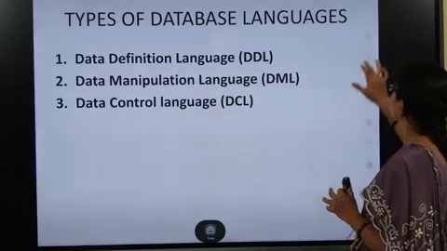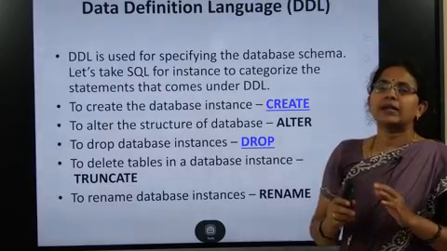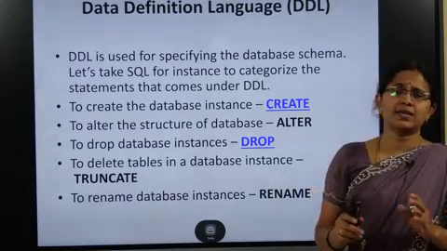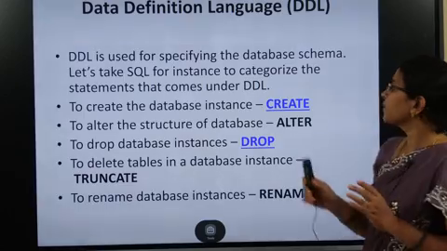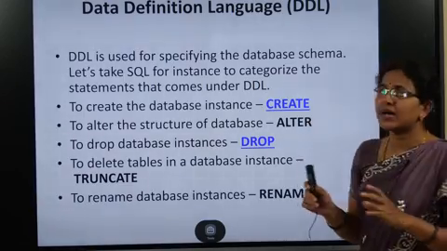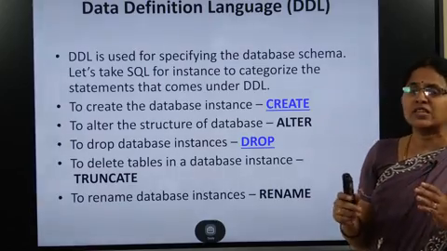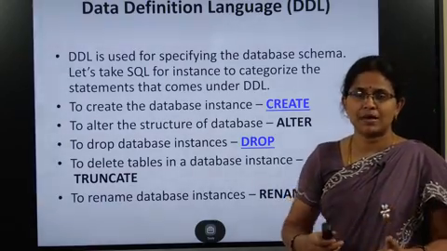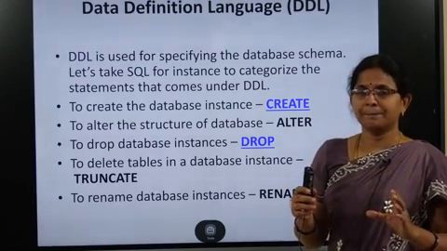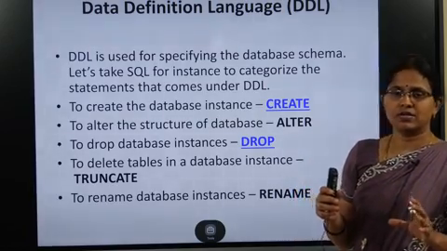So let's come to the first one, data definition language. What exactly can we do in data definition language? This is used for specifying the database schema. Schema is nothing but a level which supports some functions in the system and which is meant for some particular purpose of the system.